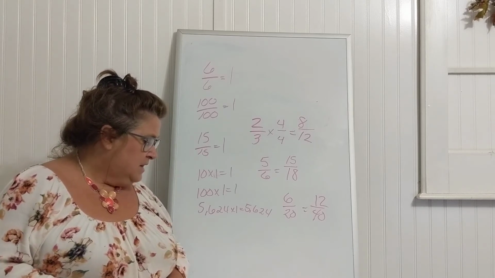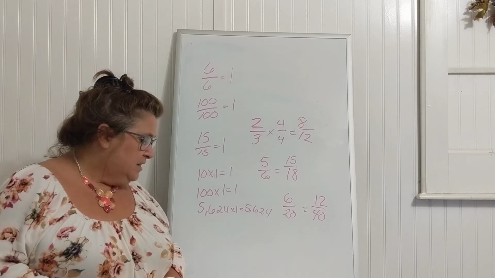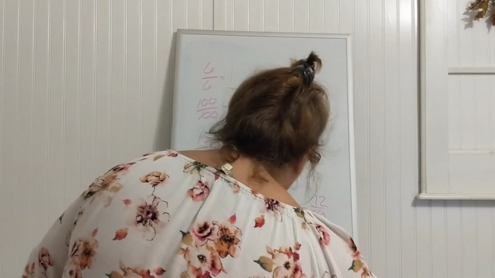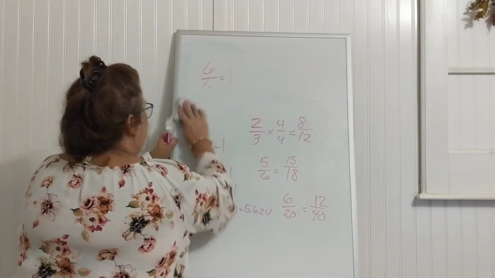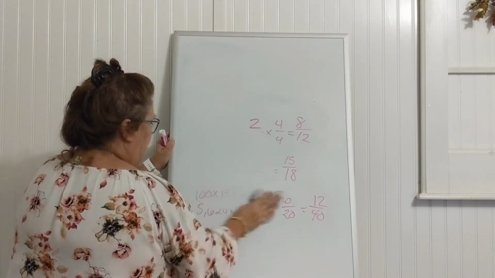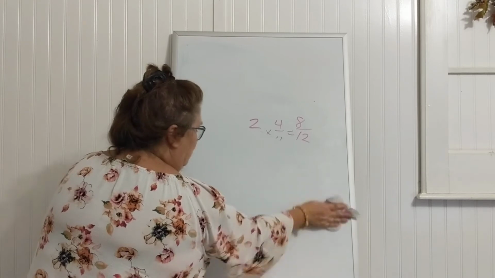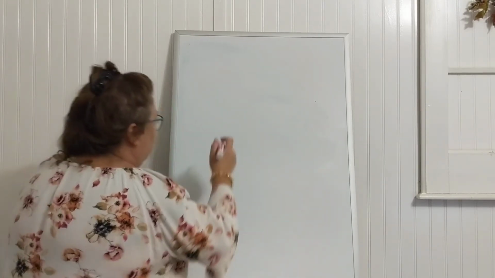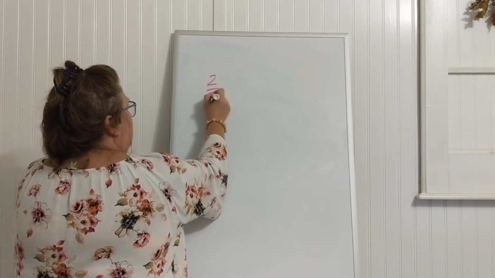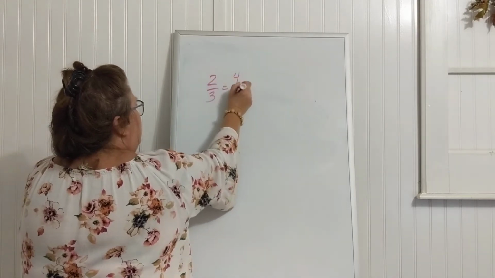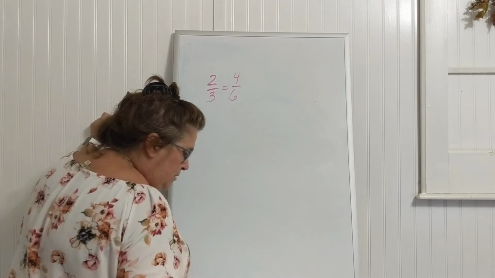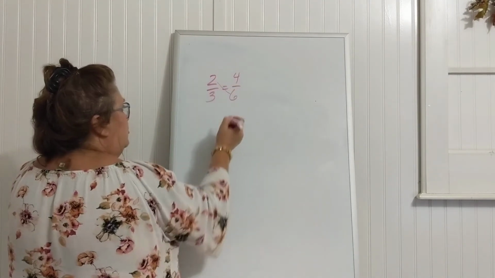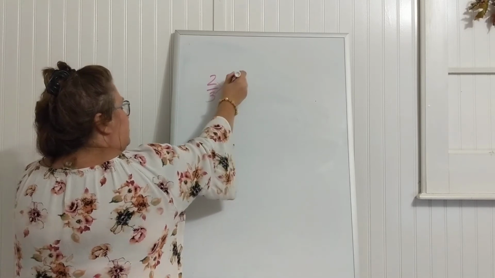And then in section 2, it says check these equivalent fractions by cross multiplication. So this is how cross multiplication will work. This is kind of fun and cool too. It says 2/3 equals 4/6, and we're supposed to check it by cross multiplication. So we are going to multiply our 2 and our 6 together and our 3 and our 4 together.